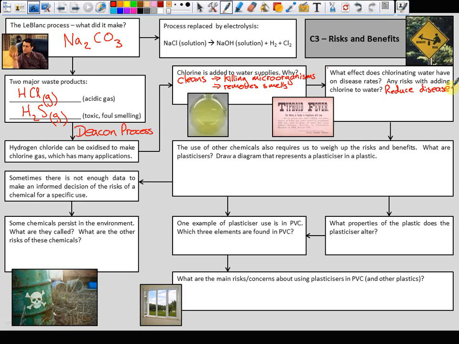But what are the risks of adding chlorine to water? Well, what happens if a leaf or something gets into the system? The chlorine can actually react with the organic material in the leaf. So, bad things happen when that occurs. You can get something called trihalomethanes, THMs.